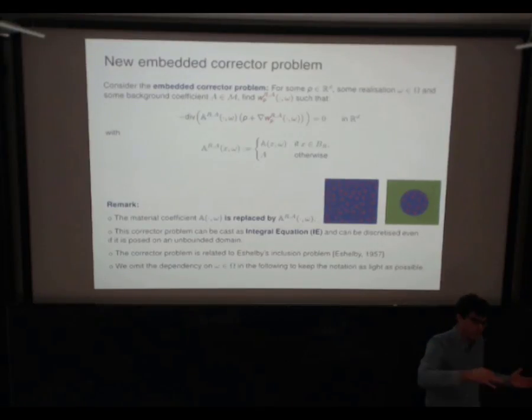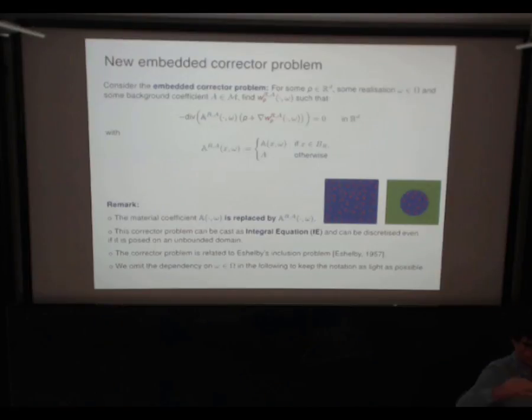So now we're coming back to integral equations. If you state this PDE with an integral equation, you can capture the whole space problem and you can even discretize it. So we're not necessarily forced to have a bounded computational domain. We can have a non-bounded computational domain.